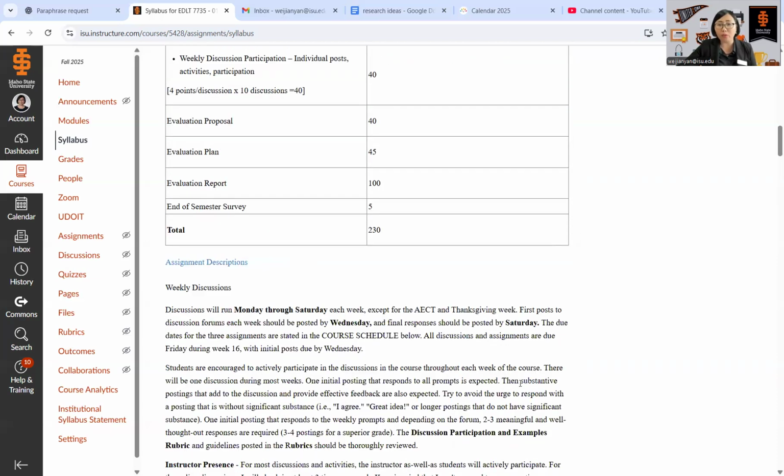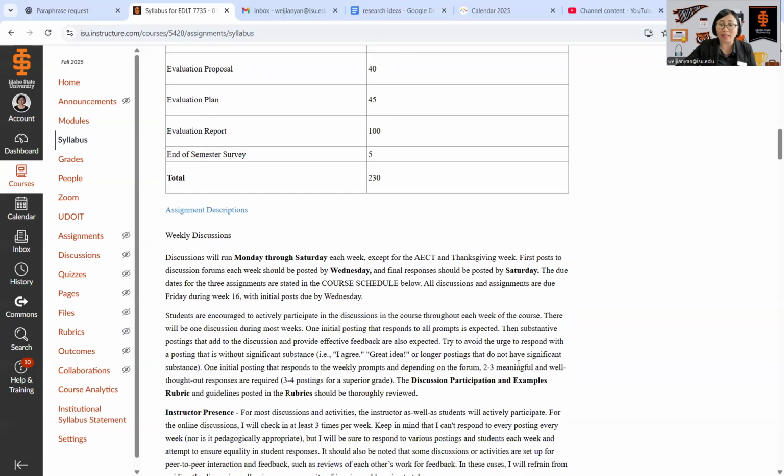In this class, the deadline is respected. So we have the deadlines for weekly discussion, and we have the deadlines for 3 major assignments. I forgot to mention that the samples and rubrics are very clearly stated in the assignments.